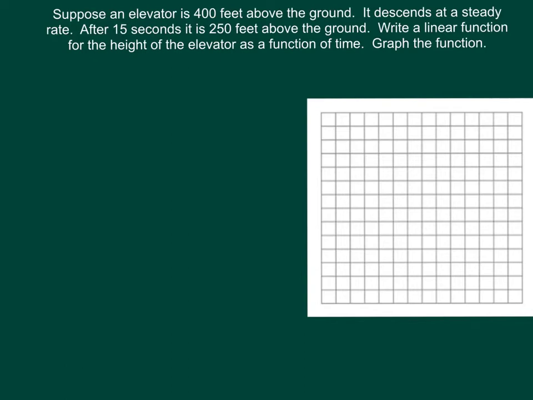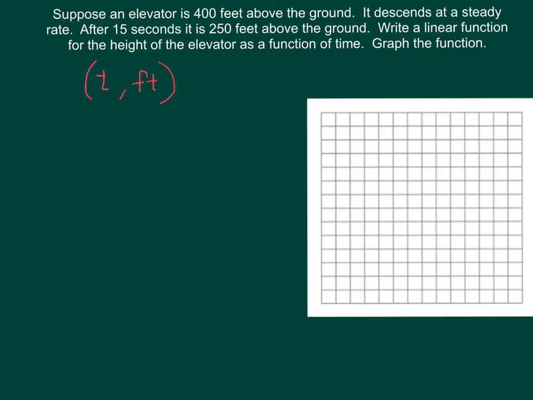So in this situation, our two variables are time and feet. So you can think about our coordinate points. We'll have time as our x value and feet as our y value. So let's think about two different points that we can write based on this scenario.